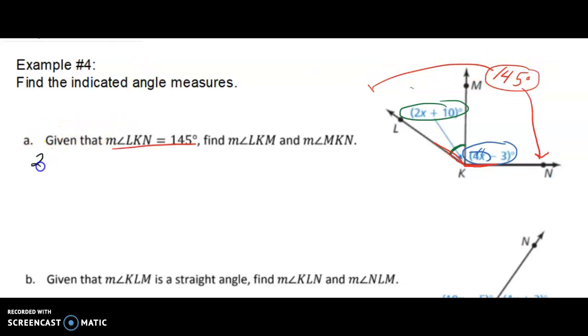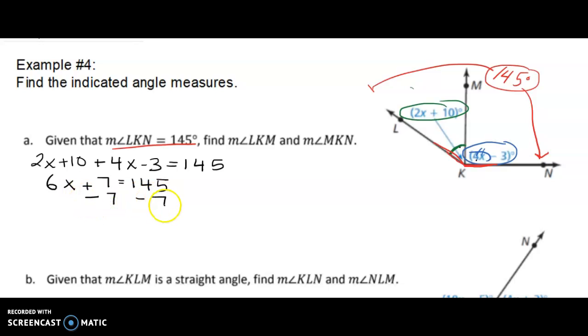So I have 2x plus 10 plus 4x minus 3 equals 145. I'm adding this angle and it equals the whole big angle. So 2x plus 4x is 6x, 10 minus 3 is plus 7.